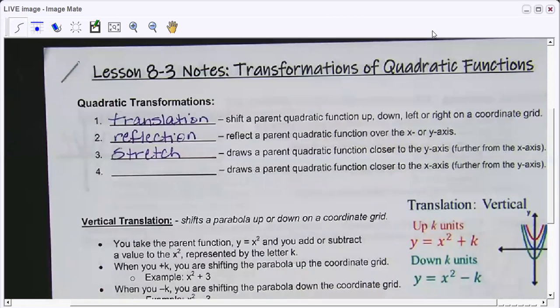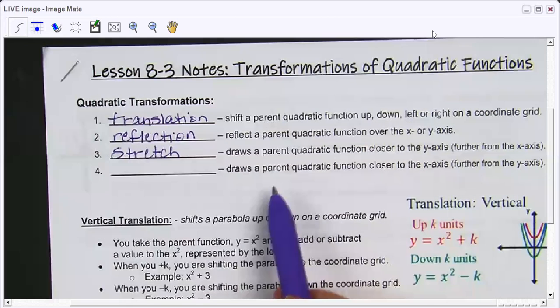And so if your a value goes from a smaller to a bigger value, then your graph is becoming narrower, or it is stretching. Okay. Am I saying something wrong? Yeah, when I think of stretch, I think of big. No, that's wide. That's getting wider, which will eventually get flat.